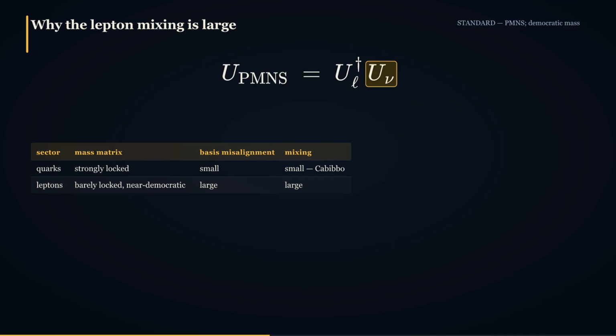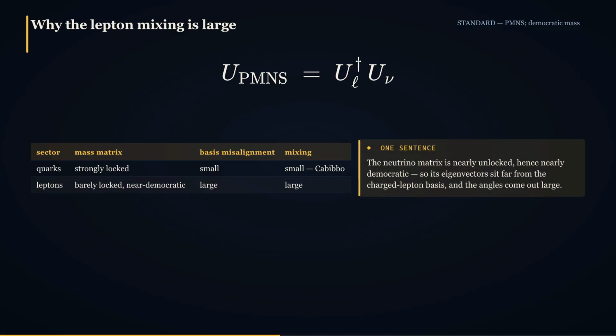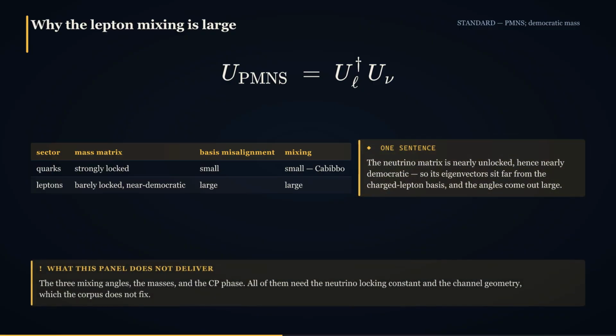Because that channel is barely locked, the entries of its matrix are comparable. The matrix is nearly democratic, so its eigenvectors sit far from the charged lepton basis, and the angles come out large. One sentence buys the headline of neutrino physics. Large lepton mixing against small quark mixing, because that matrix is nearly unlocked, hence nearly democratic. What is not delivered? The 3 angles, the masses, and the CP phase.